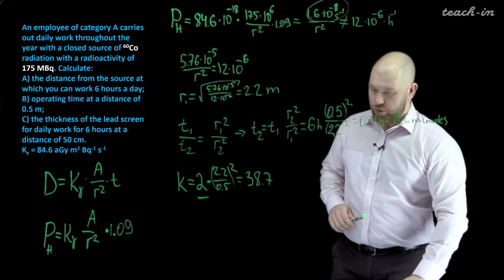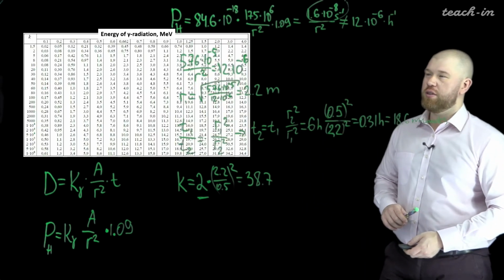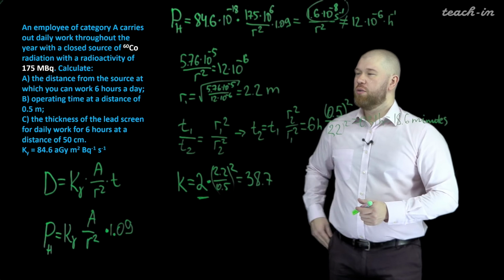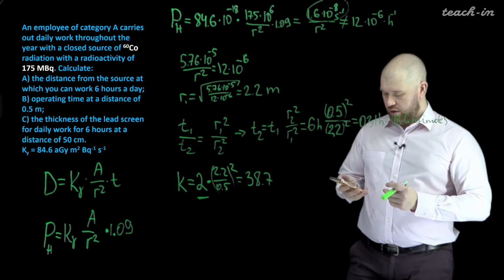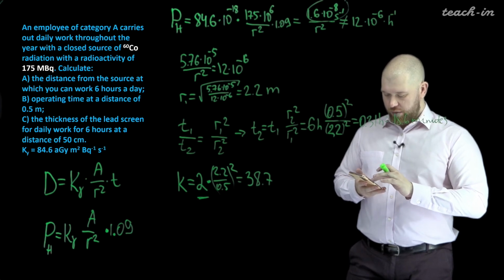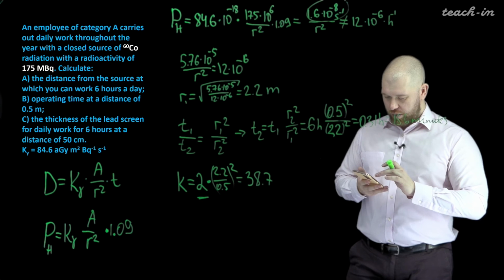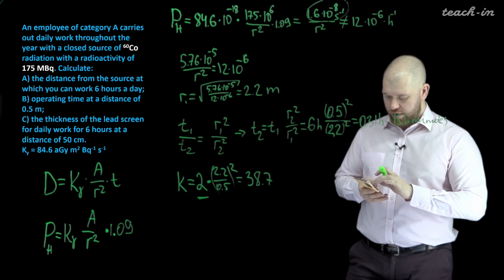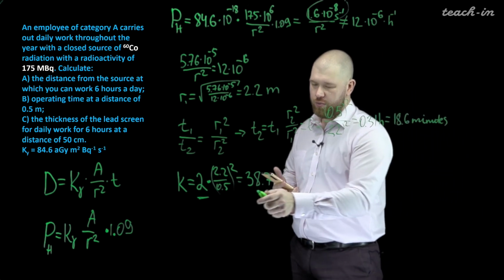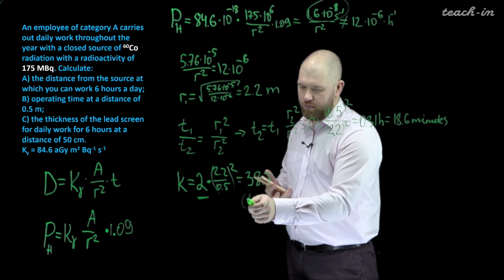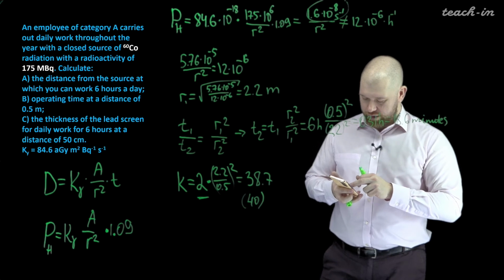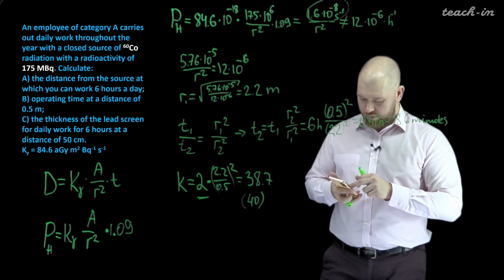And we should use the special tables. They will be in your presentations, but I will check it from my screen. So in this table, we should take this coefficient K, and in this case we can take it as 40, so it is very close to 40, because there is a number for this attenuation coefficient, 40.